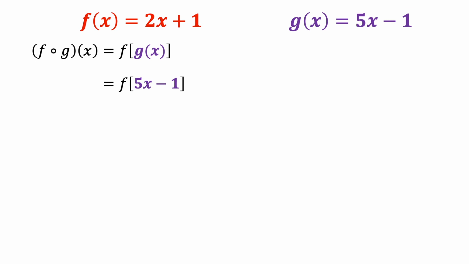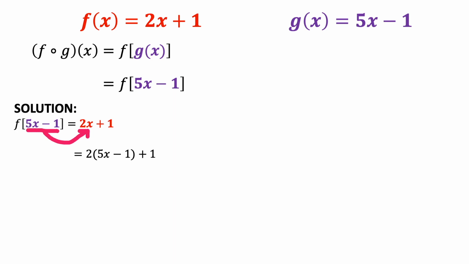g of x. Since the equation of f of x is 2x plus 1, by substituting 5x minus 1, we will have 2 multiplied by the quantity 5x minus 1 plus 1. To simplify this, we will apply the PEMDAS rule, working from left to right and considering the order of precedence. By distributive property of multiplication, we will multiply each term inside the parenthesis by 2.